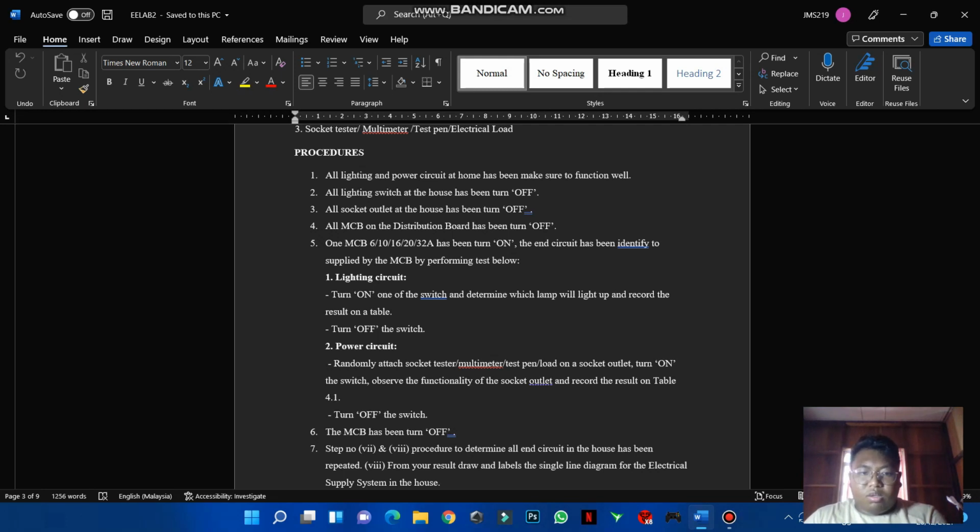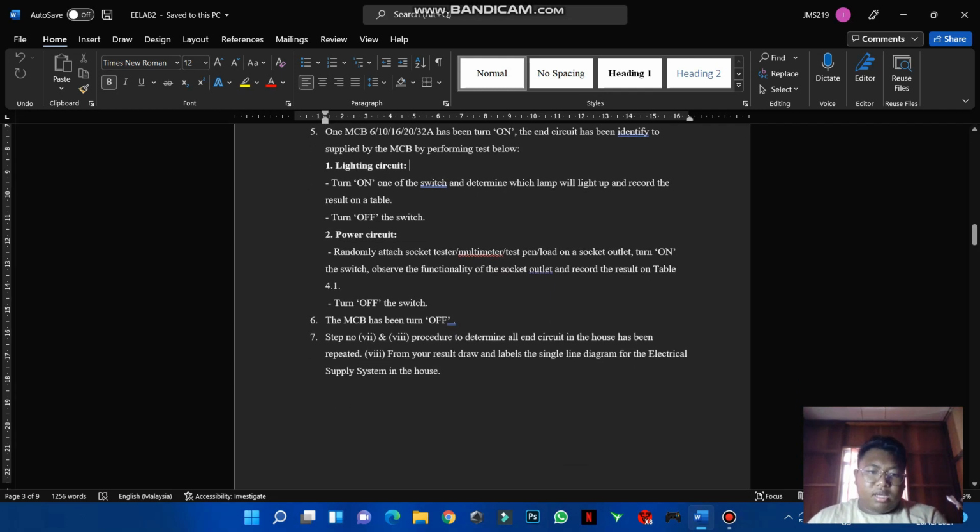the switch. So the lighting circuit is mainly used for such as lamps in our house, fans, ceiling fans, while the power circuit is mainly used for socket outlets inside our house.